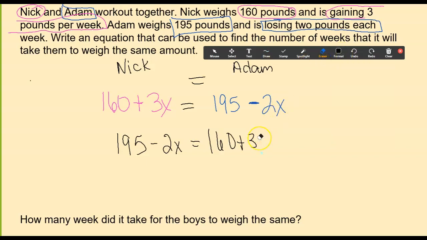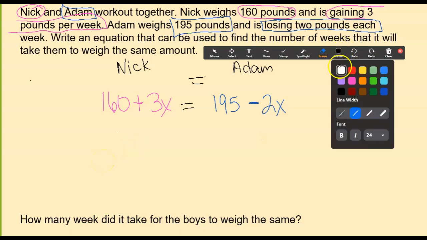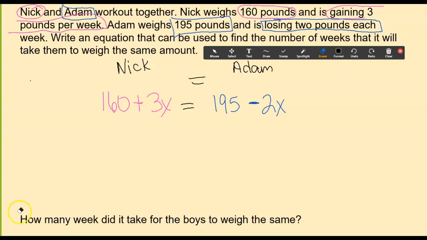But sometimes they're not always going to say what's the equation. Sometimes they may come down here, and instead of asking for the equation, they may ask something like this. How many weeks did it take?